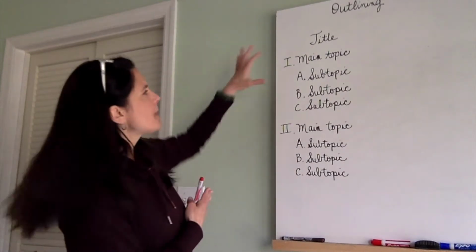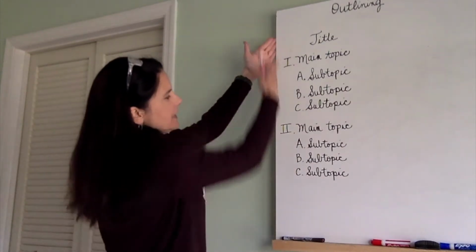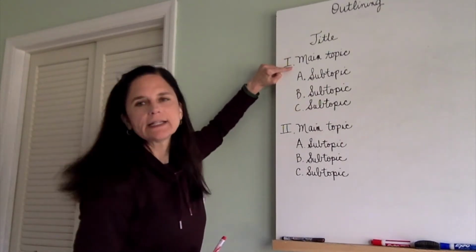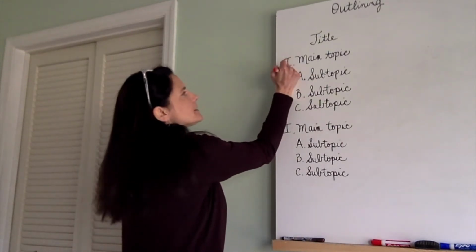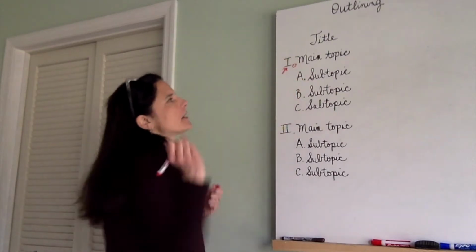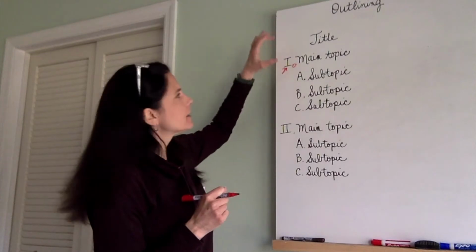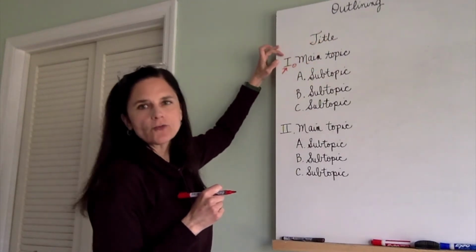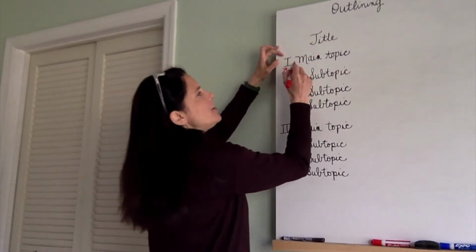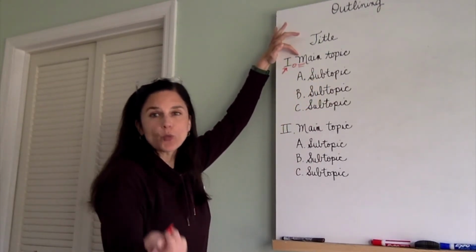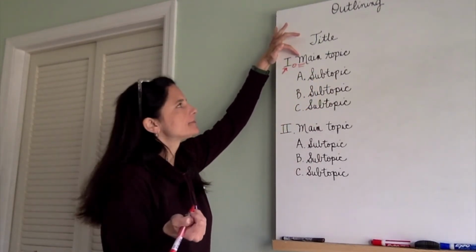But just looking at the format here, right up against the left margin of your paper, you're going to have Roman numeral 1 and a period. That's the format there. And then you're going to have your main topic as the title of Roman numeral 1. And notice that you capitalize the first letter of the first word of your main topic.